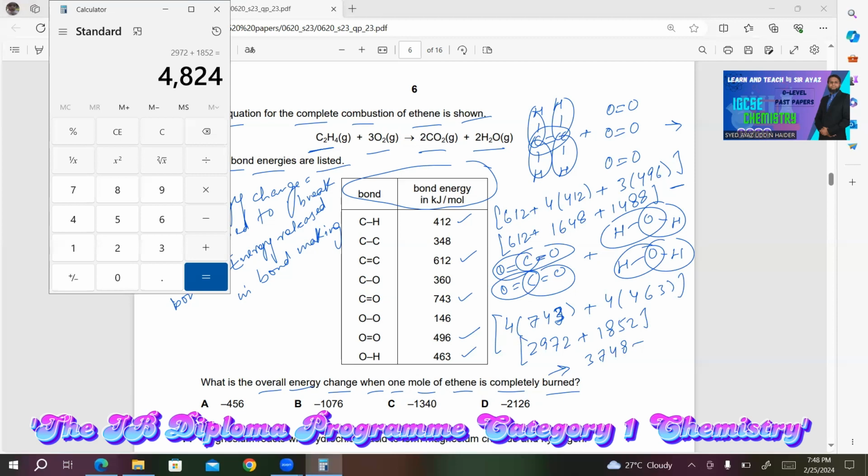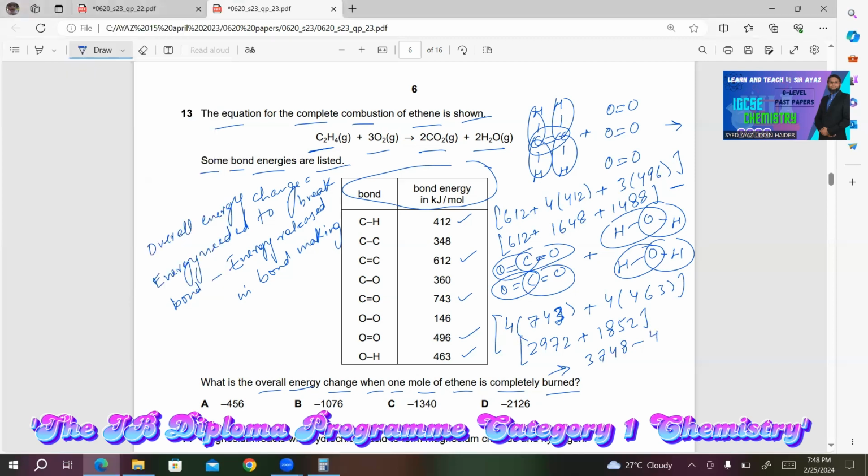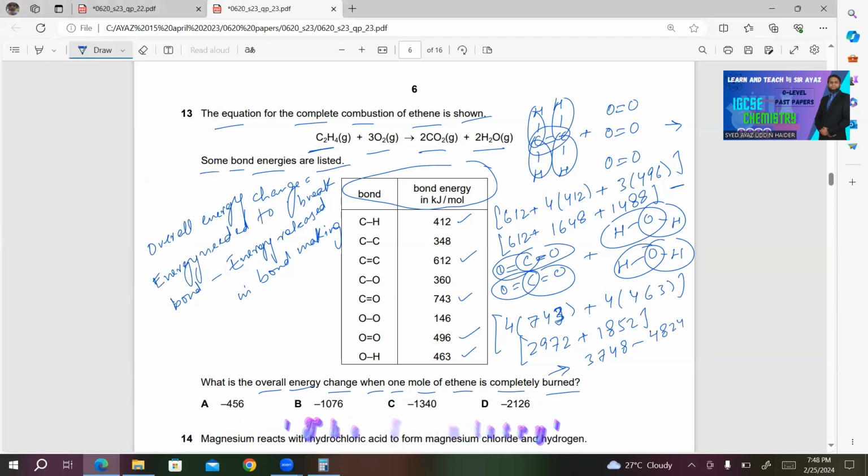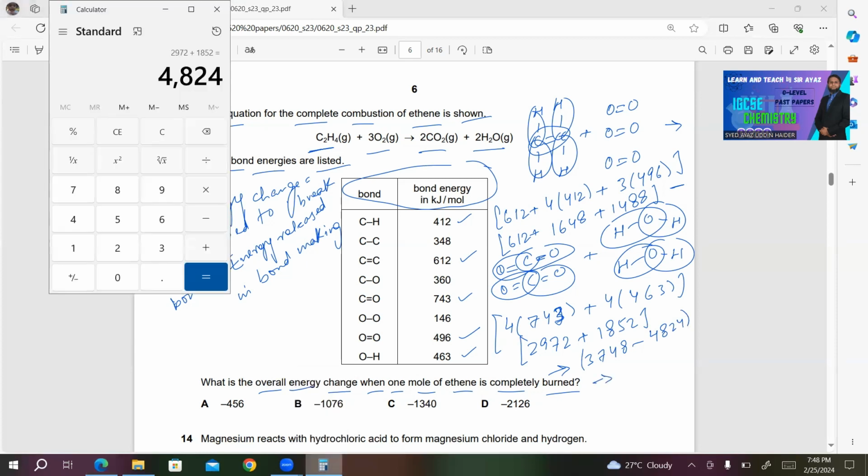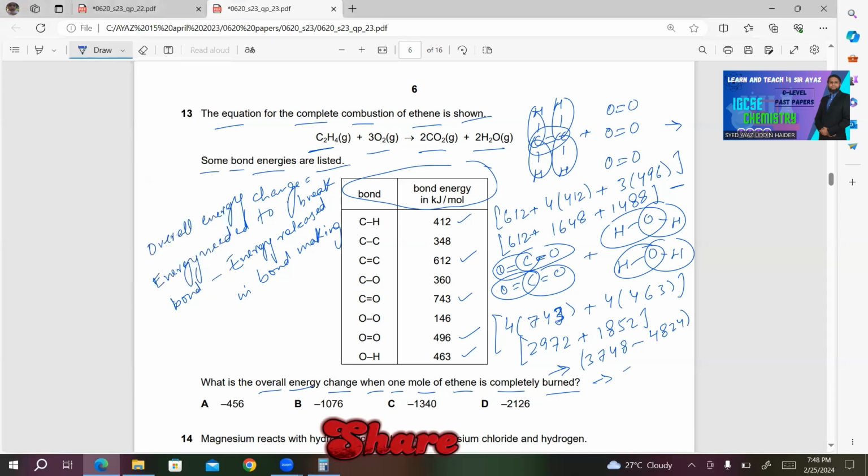We will get 4824. The final answer: 3748 minus 4824 is minus 1076. So choice B will be the right answer for this question.